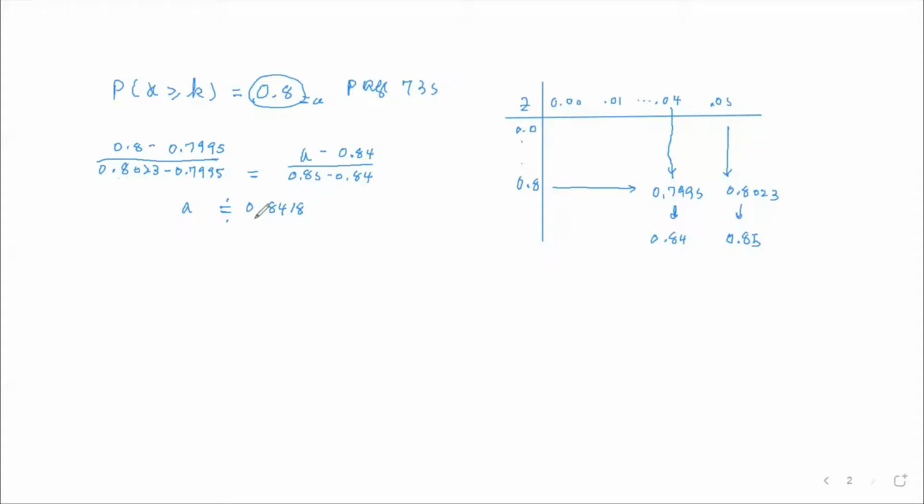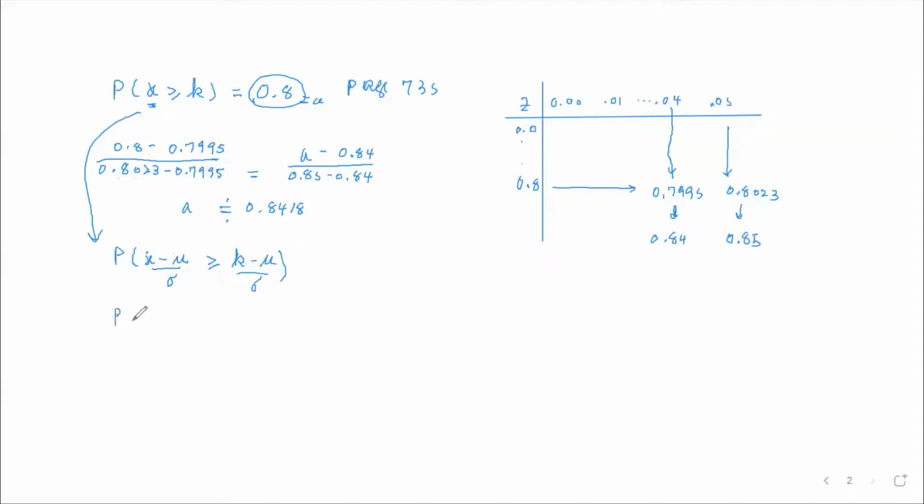Once you get A, do the same way, go back and replace it. If you have this one, you have to convert X to Z first, right? You convert X to Z score first. So X minus mu over SD is greater than K minus mu over SD.